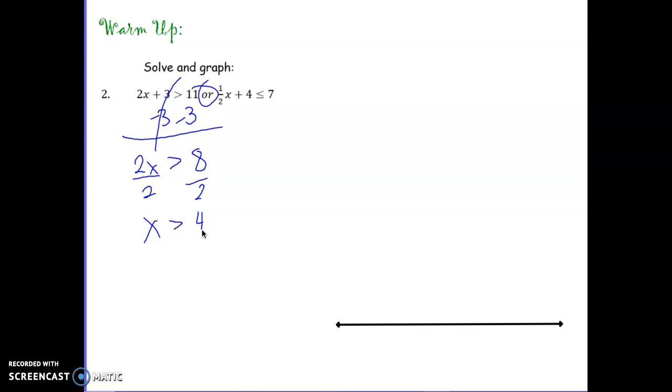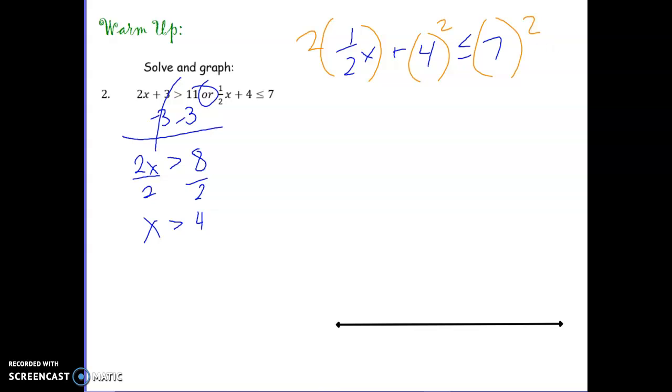Okay, let's do this other one over here. Now, I notice with this other one, I'm going to write it over here so I have some more space. I have a fraction. First thing we want to do is clear out that fraction. So I look at the denominator, which is 2, and I'm going to distribute a 2 across that whole fraction.